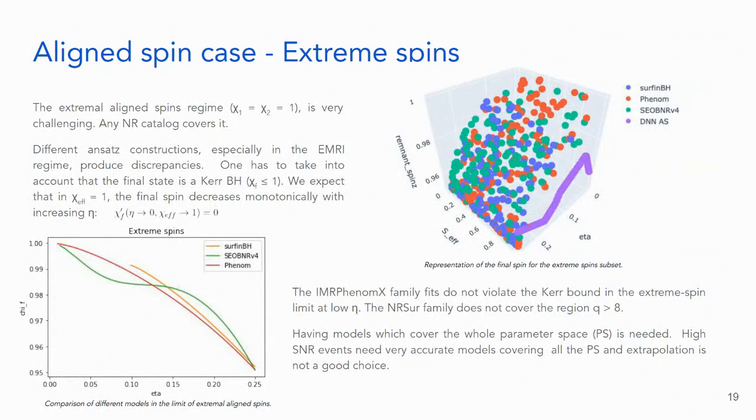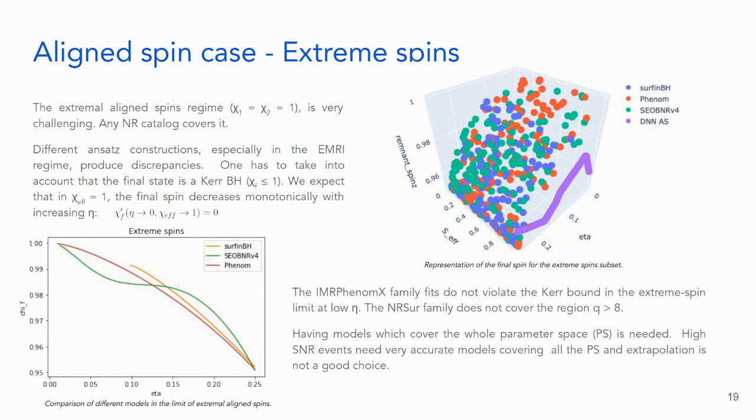Another regime that also has to be studied in order to cover the whole parameter space is the aligned spin case, which is very challenging because we don't have numerical relativity data here. Something to take into account is that the different ansatz proposed by different models produce several discrepancies.